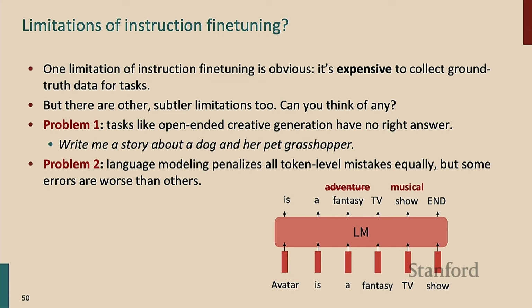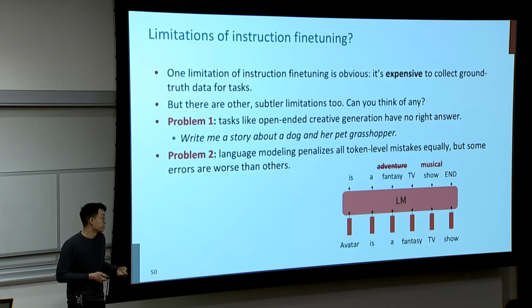But the problem is that "Avatar is an adventure TV show" is still true, so it's not necessarily a bad thing, whereas "Avatar is a musical" is just false. So under the language modeling objective, if the model were equally confident, you would pay an equal loss penalty for predicting either of those tokens wrong. But it's clear that this objective is not actually aligned with what users want, which is maybe truth or creativity, or generally just this idea of human preferences, right?